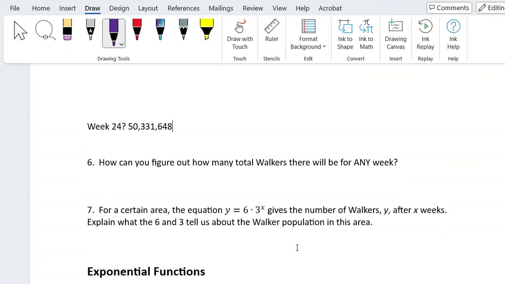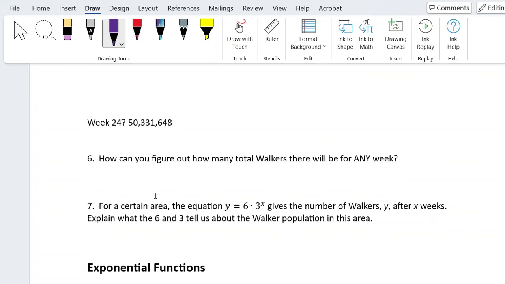So for any week, I can figure it out by multiplying 3 times 2 with the power of the week number.